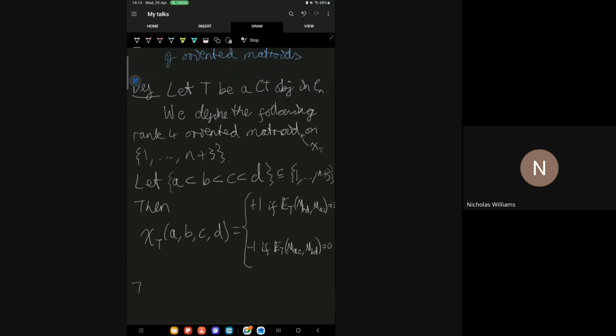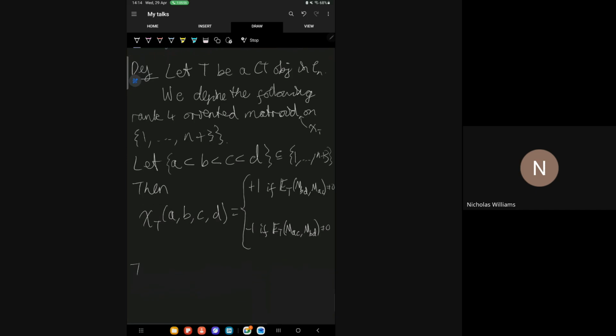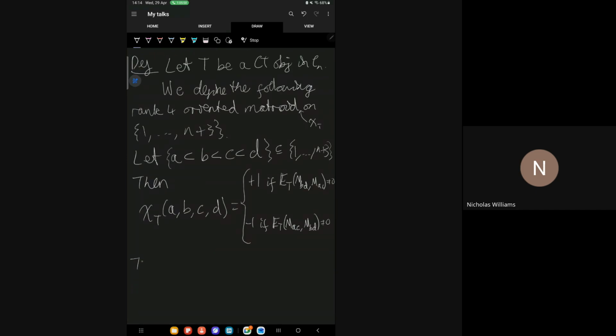So I said that this map has to satisfy certain axioms. Obviously that's not immediate, but one of the other theorems of the paper is that in fact chi_T gives a well-defined oriented matroid.